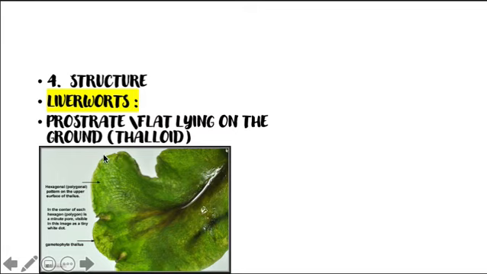So the entire plant body is flat. Another name for flat structure is thalloid. Thalloid means flat, or more like the way you see a roti. Prostrate means that it lies close to the ground or flat on the ground.